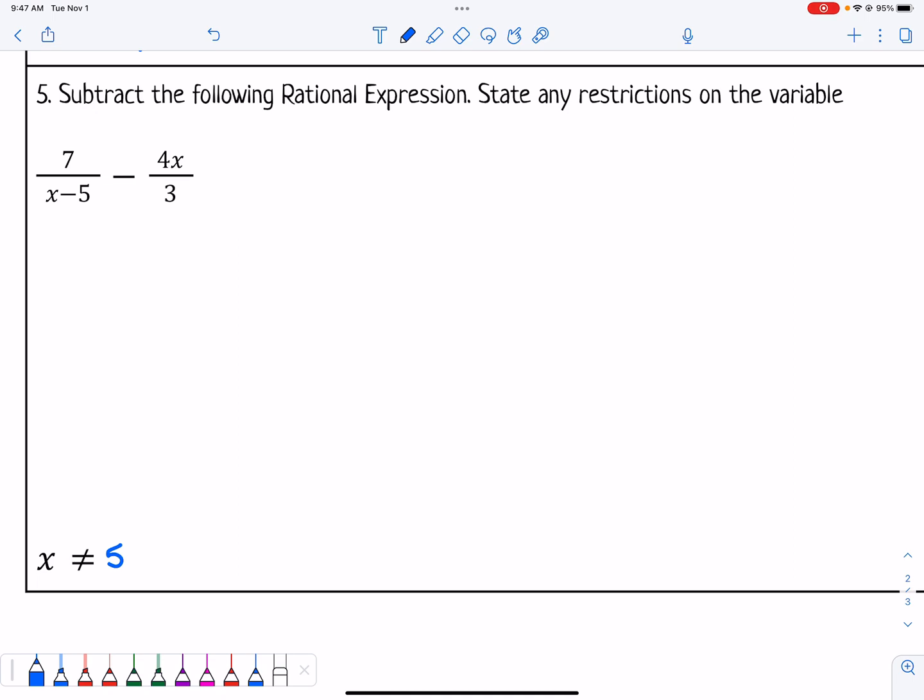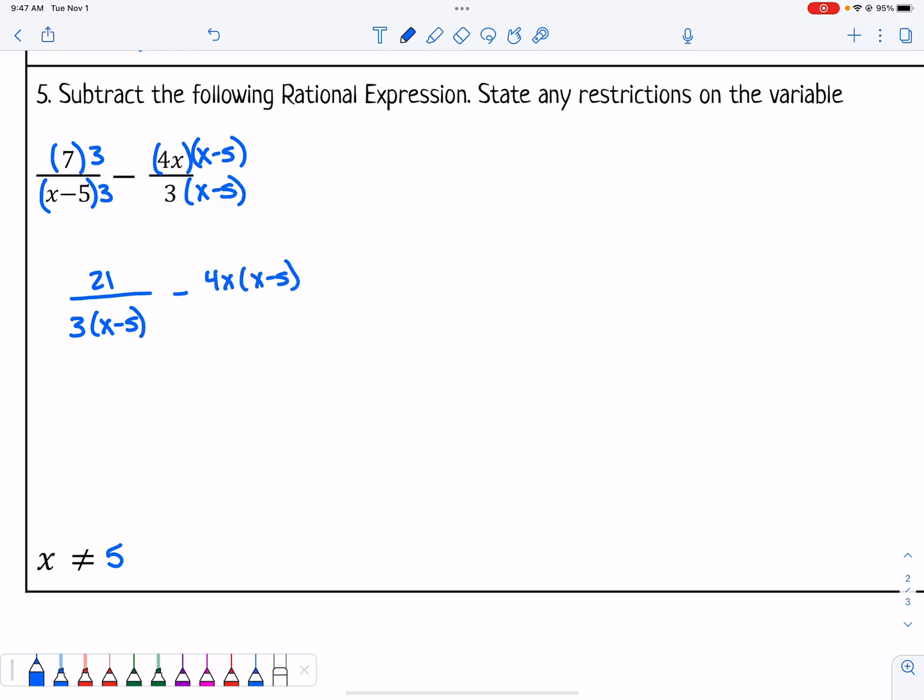And then to make these the same, I need to multiply the one on the left by 3, and then the one on the right by x minus 5, and bring that down. So I have 21 over 3 times x minus 5 minus 4x times x minus 5 over 3 times x minus 5. And now that I have a least common denominator, I can combine the numerator.